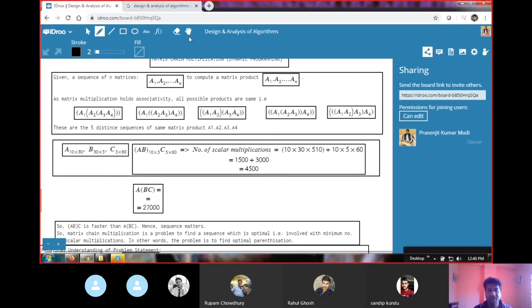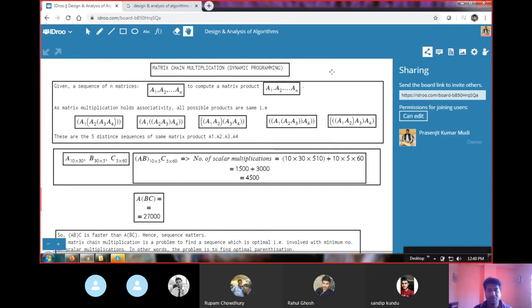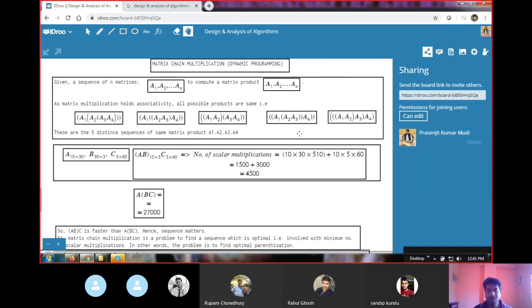So the matrix chain multiplication problem is a problem of finding an answer to the question of how we should calculate the product of n given matrices, not the actual value of the product.